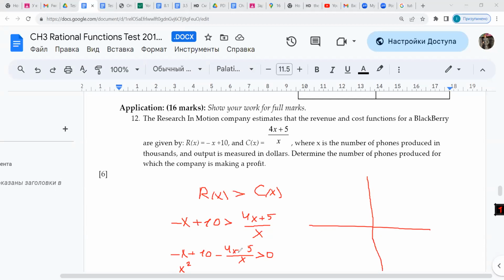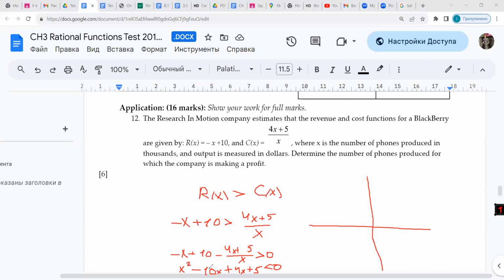We're going to have x squared minus 10x plus 4x plus 5 less than 0, because we multiplied by a negative number.